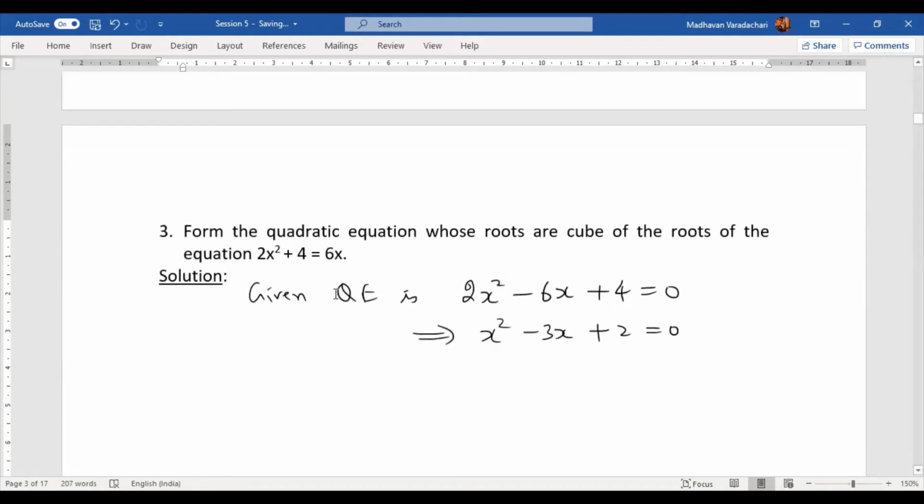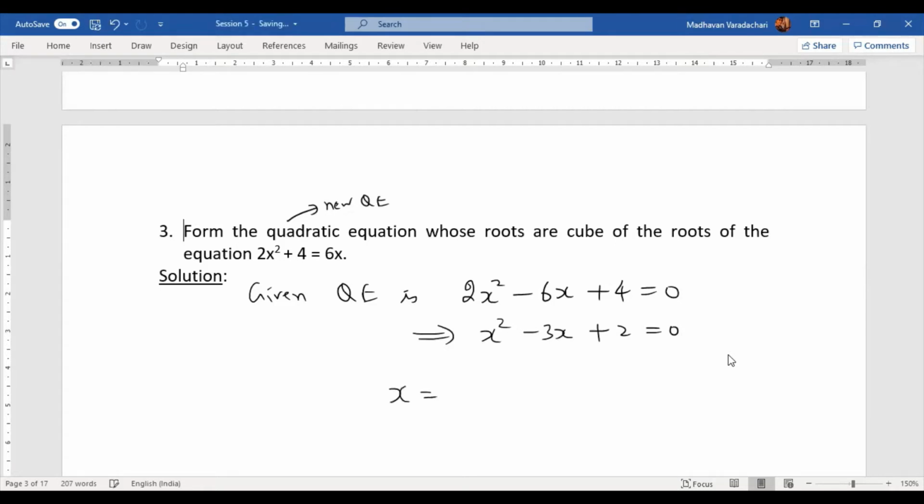Now they say you need to form a new quadratic equation. This is actually a new quadratic equation whose roots are cube of the roots of this equation. That means first I need to find out what are the roots of this particular equation. So let's find out the roots for this equation.